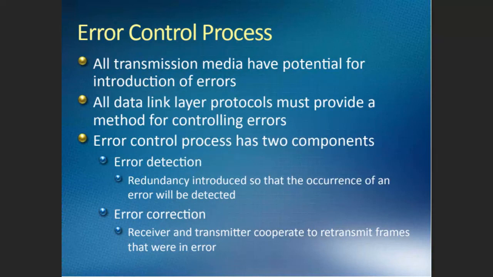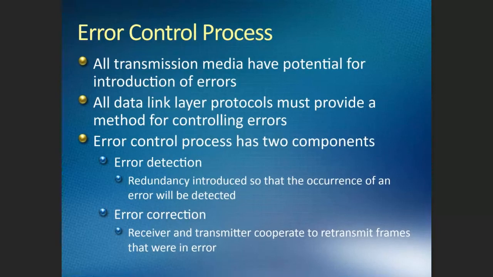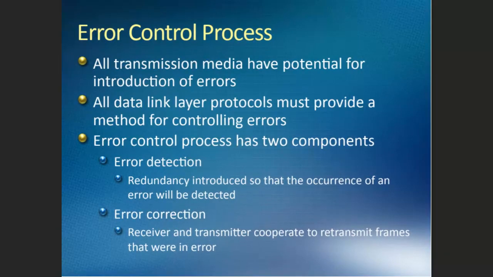We have 2 components for error control. First is error detection. So redundancy is introduced so that the occurrence of an error will be detected. You have to detect if there is an error. And how to correct? The method to correct is by informing the sender or the transmitter to resend. I will not open the frame and start repairing the frame, because we are very quick here. Just ask for resend. Okay.